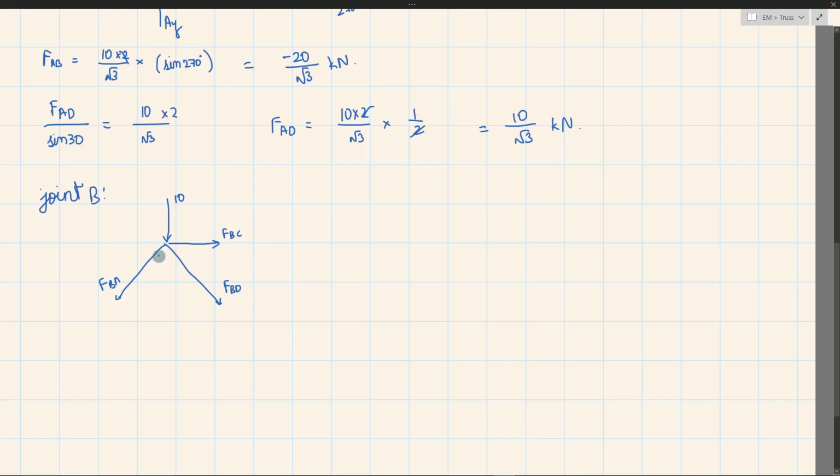Okay, so this angle is 60 and this angle is also 60. This is the vertical force, so I can use the formula sigma Fx equal to 0. I'll have FBC plus FBD cos 60 minus FAB, so this angle is also 60 degree, right? So I can use FAB cos 60 is equal to 0.